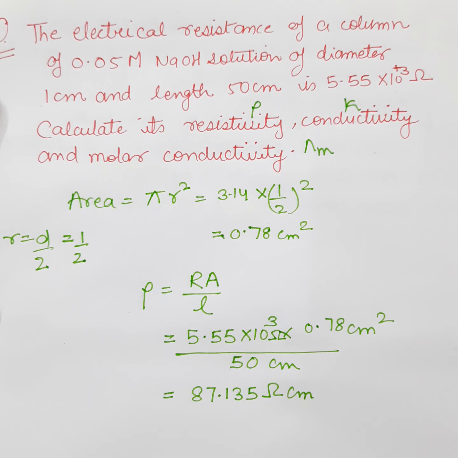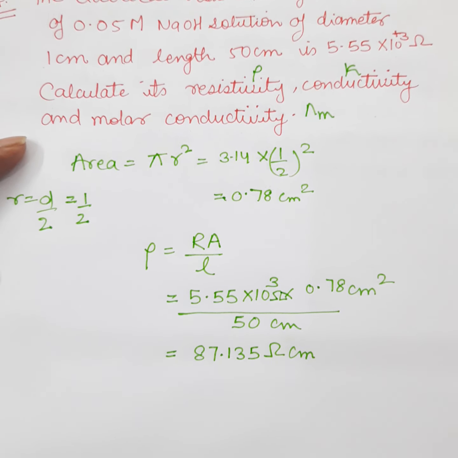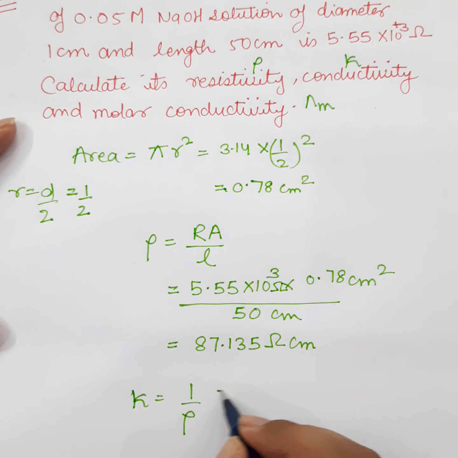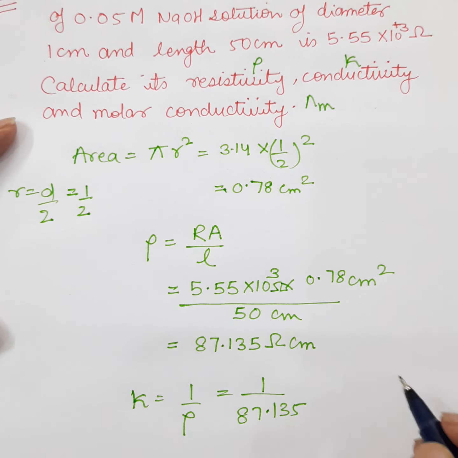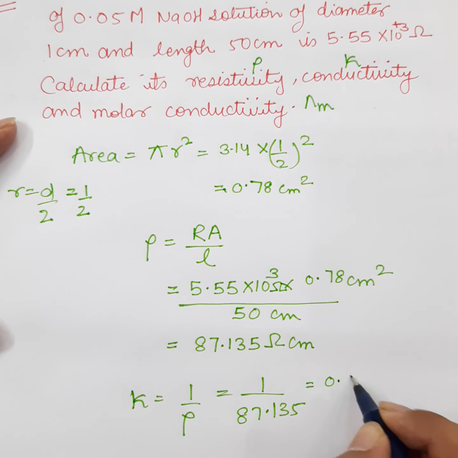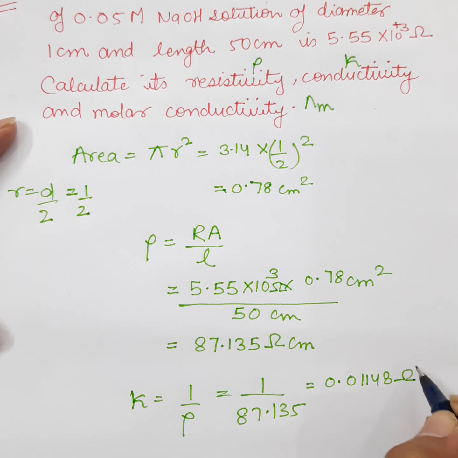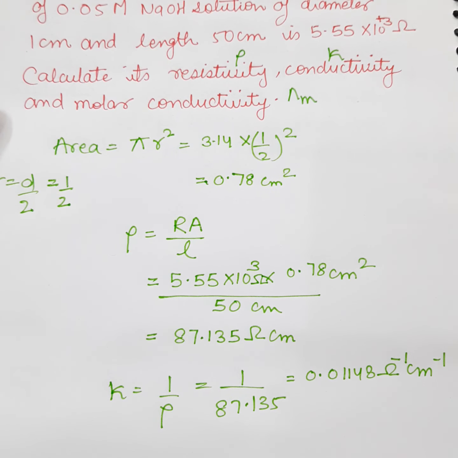So what is conductivity? Conductivity is the reciprocal of resistivity. So it is very important that you write here, kappa is equal to 1 upon rho. You know the value of rho, just put the value of rho, that is 87.135. So the value comes out to be 0.01148 and the unit goes to the upper side, that will be ohm inverse centimeter inverse.